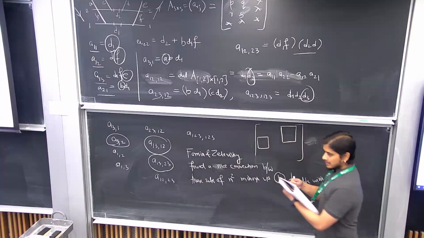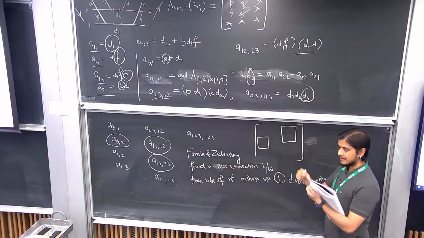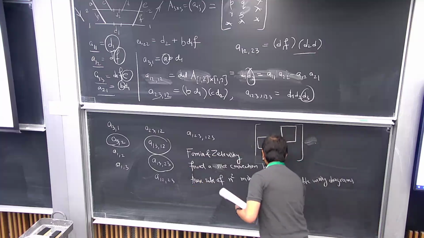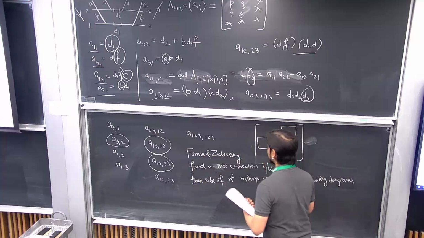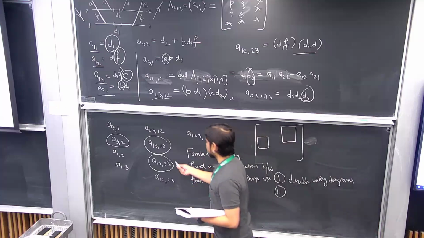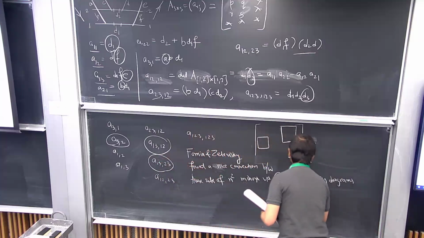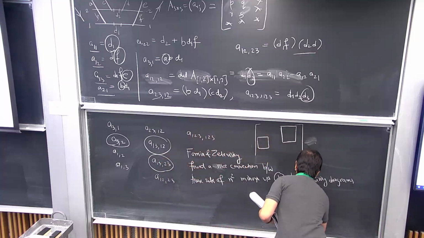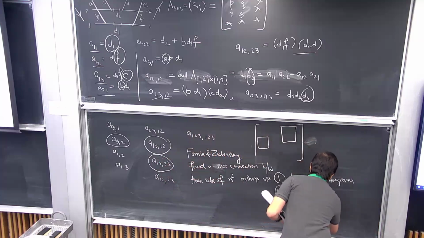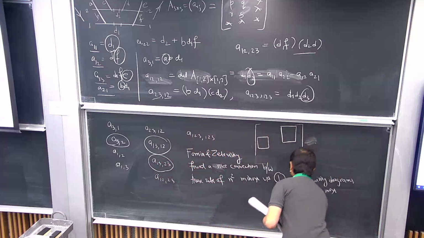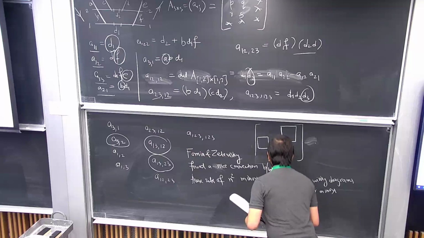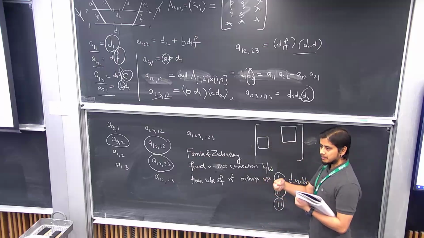So when you make a double wiring diagram, you will have face labels. Those face labels correspond to these minors, and they call those chamber minors. And we need some relation between chamber minors.